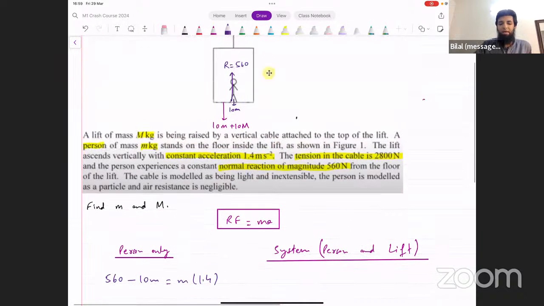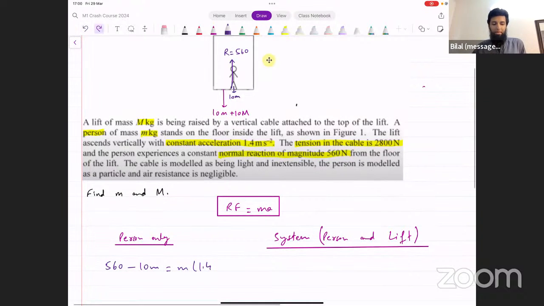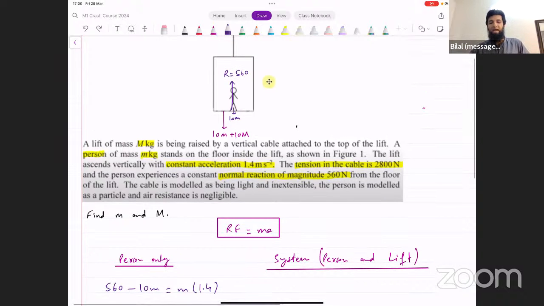Now, the common error here is to assume that reaction and the weight of this person should be equal. If you were considering with respect to the lift, yes, you can say the upwards and downward forces are equal, but think of this standing outside.